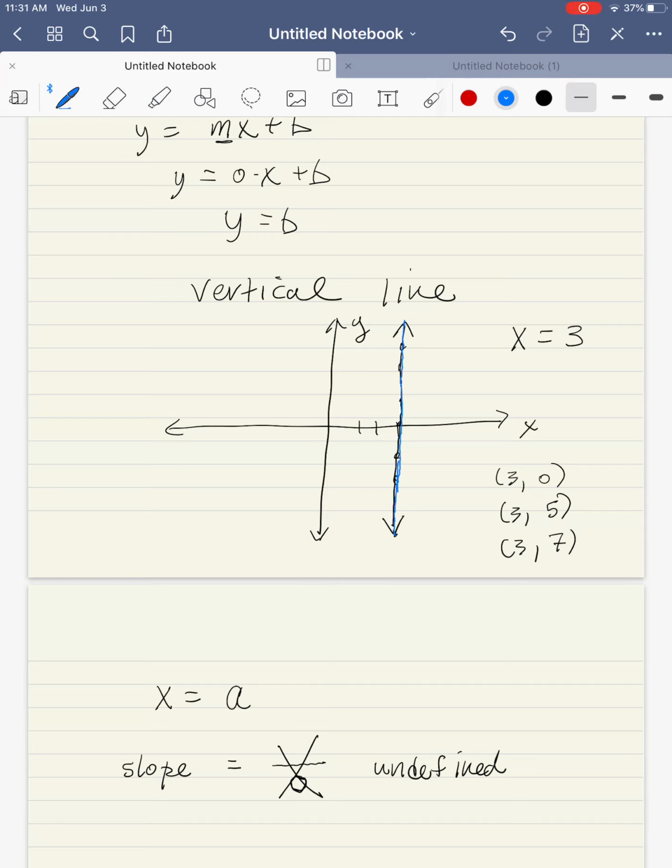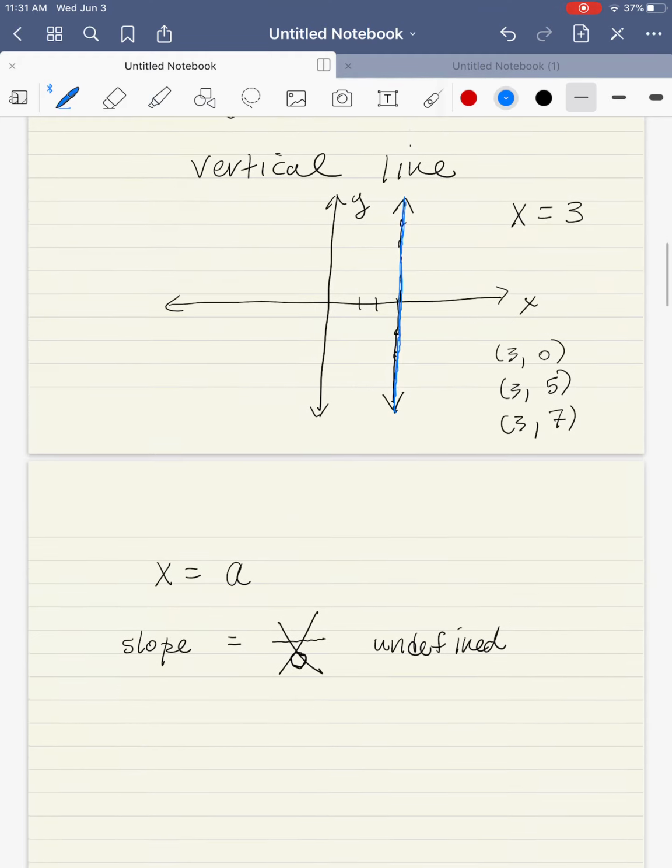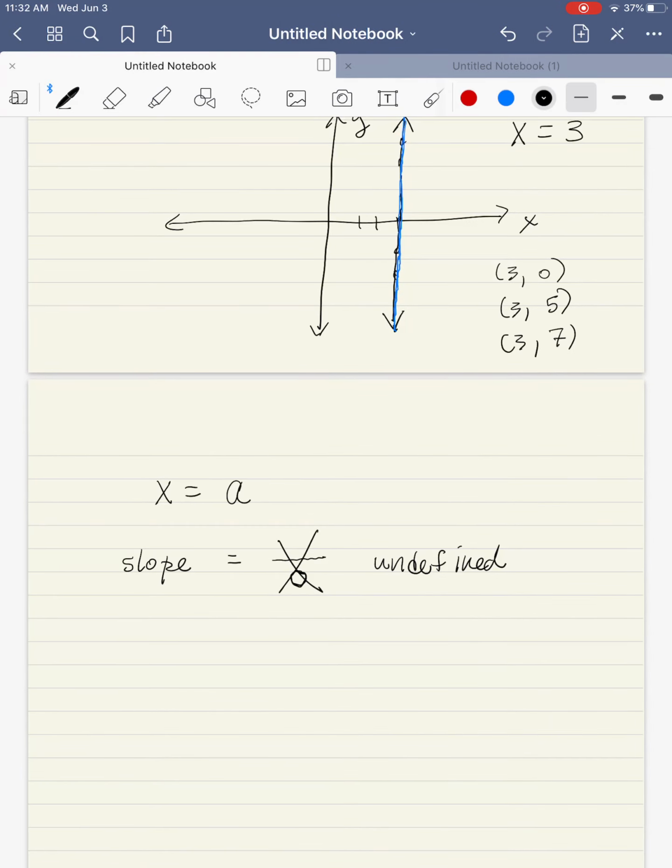If I use the vertical line test, I can draw a vertical line straight through this vertical line and touch it infinitely many times. So this does not pass the vertical line test, so this is not a function. It is the only linear equation that is not a function if it's a vertical line.